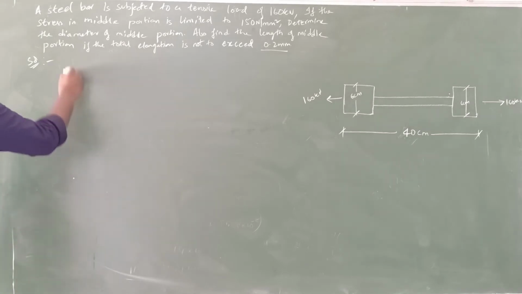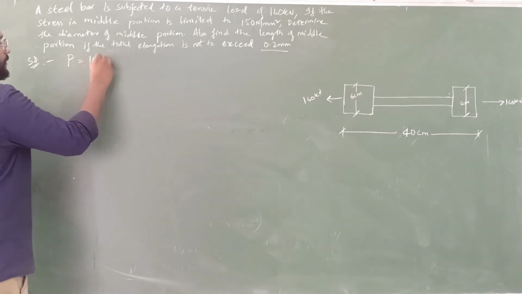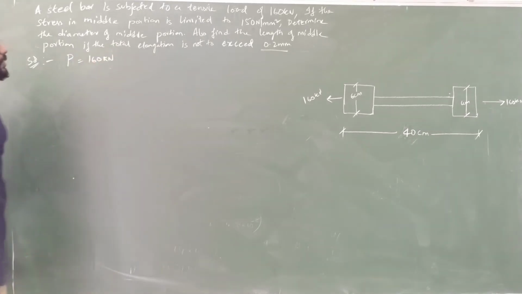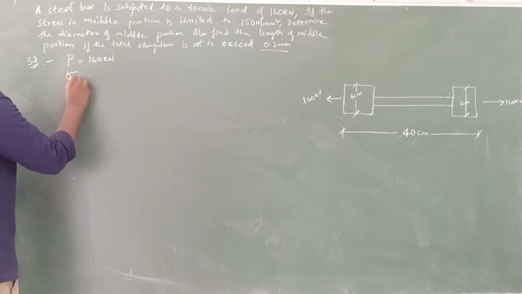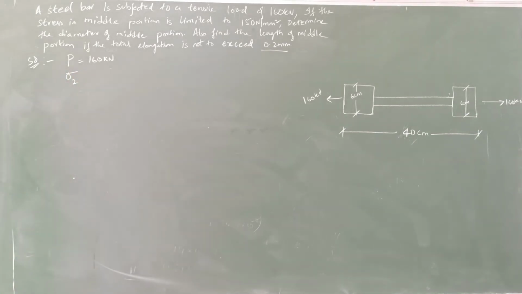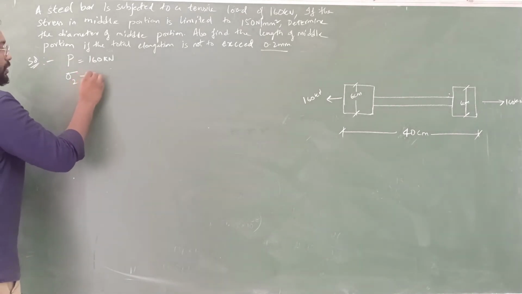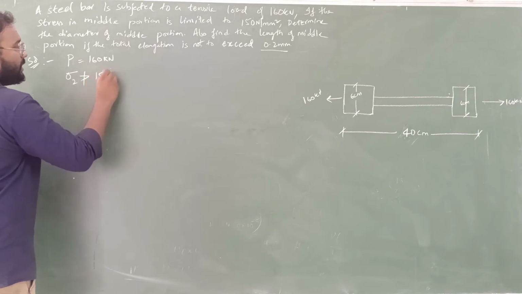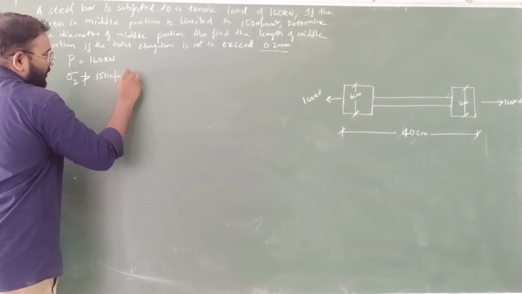You are given a load of 160 kilonewton. Now, stress in the middle portion, let it be sigma 2, is not to exceed 150 Newton per millimeter square.